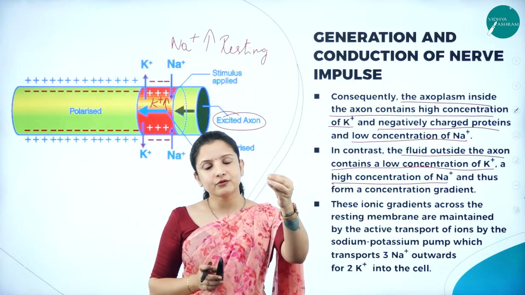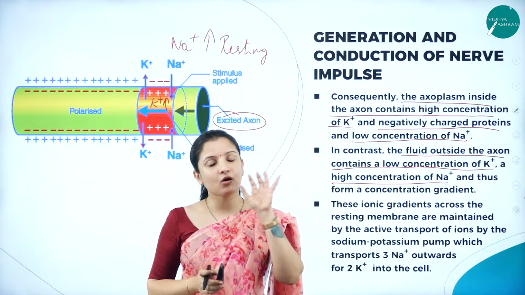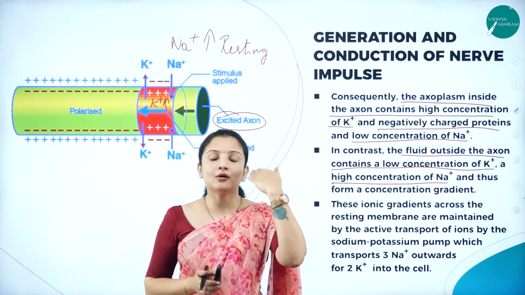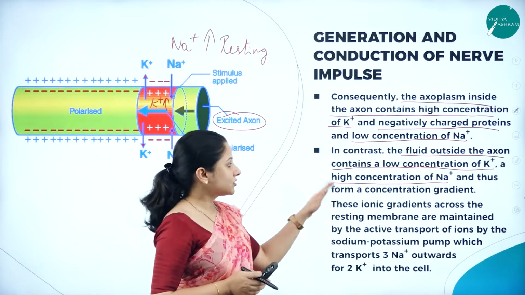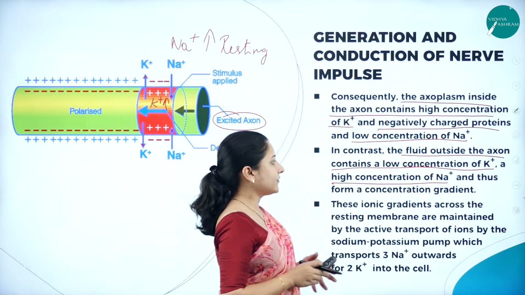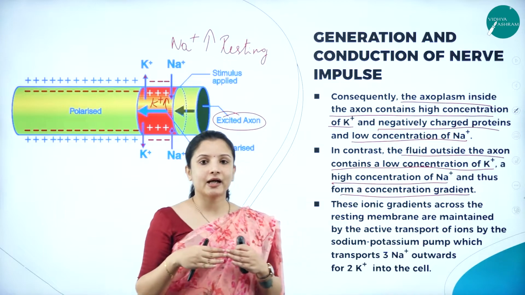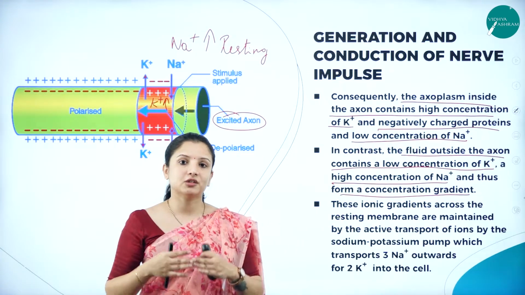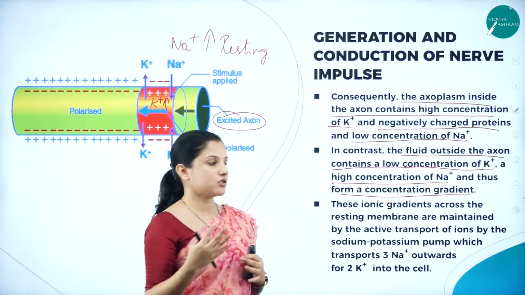Therefore, only a few sodium ions would have entered into the axoplasm. All the remaining sodium ions will remain outside the axoplasm in the fluid. That is the reason why the concentration of sodium ions outside is very high, and this forms a concentration gradient wherein inside the axoplasm the potassium concentration is more and outside the axoplasm the sodium concentration is more.